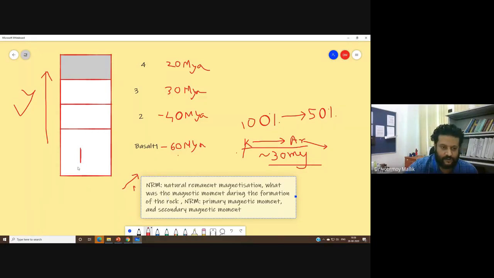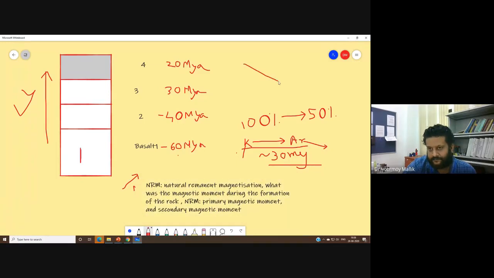Okay? So we got a primary magnetic moment, and magnetic moment is nothing but a vector, right? So it has some sort of magnitude, and it has some sort of direction. Now we are only interested in the direction for the time being.